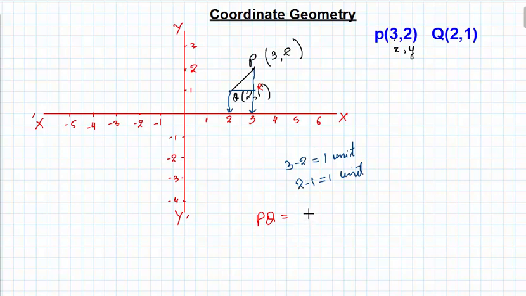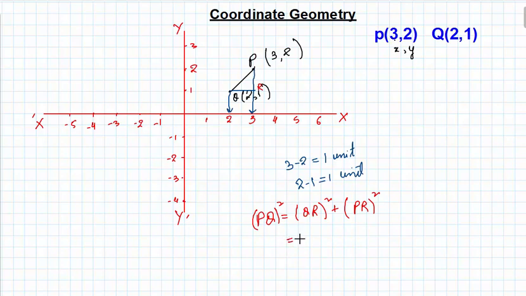We can easily use the Pythagoras theorem in this question, and we can easily find out the distance between P and Q. By Pythagoras theorem, hypotenuse square is equal to base square plus perpendicular square, PR square.